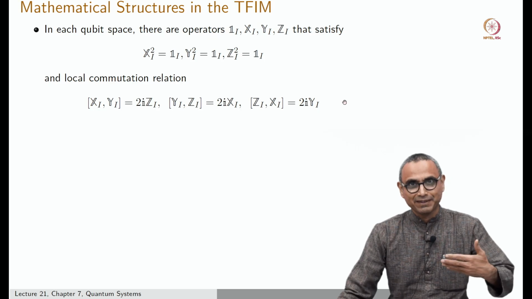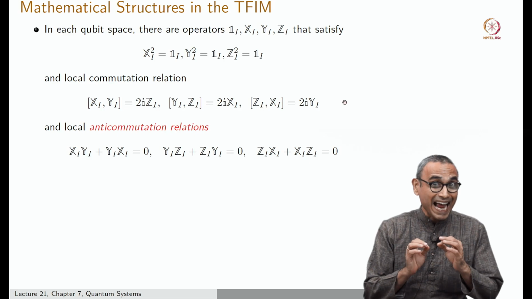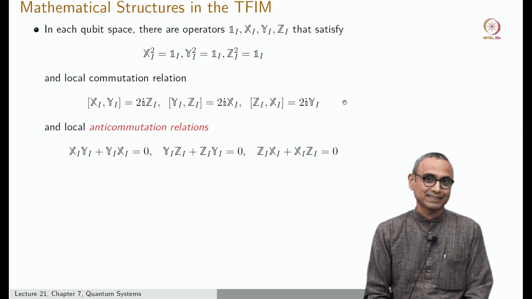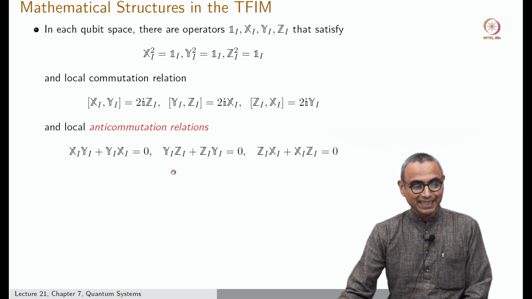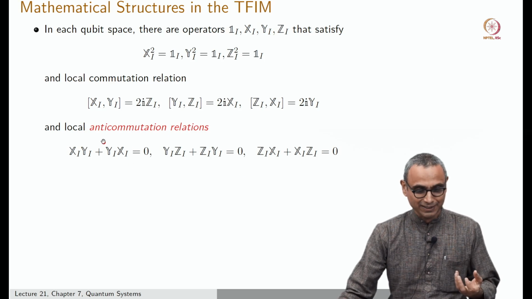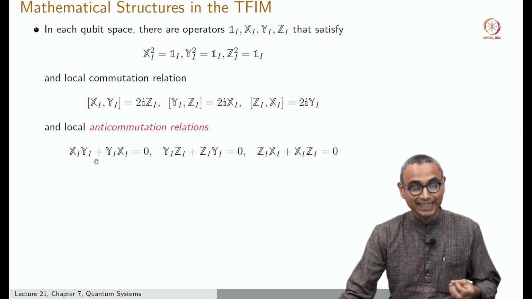But you will see as we work through this that the more important relations are the anti-commutation relations. So most interestingly, in addition to having the well-known commutation relations, these Pauli operators also have these anti-commutation relations. You take any 2 distinct Pauli operators and you anti-commute them.